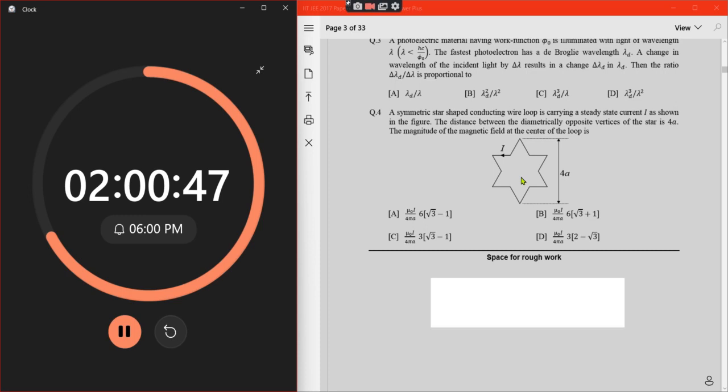Mu naught upon 4 pi a, times I, sine of alpha minus sine of beta, where these are the angles. The current is moving in this direction, and here too. It's anti-clockwise everywhere, so it's the same, and we just have to add this stuff.